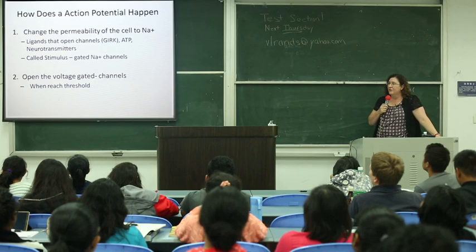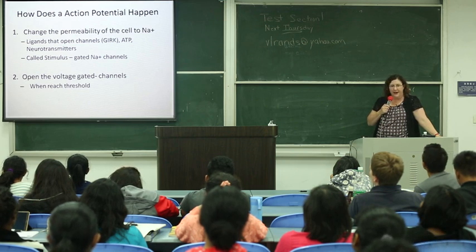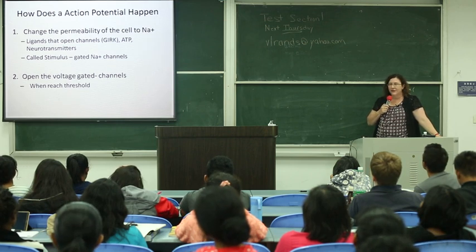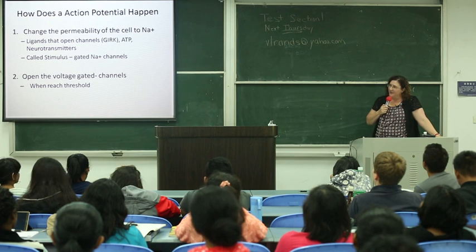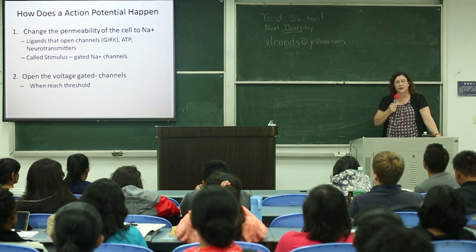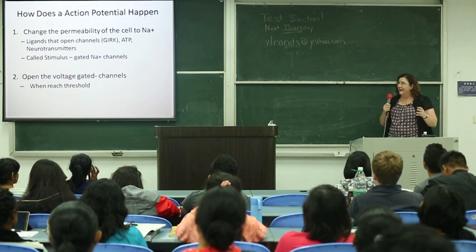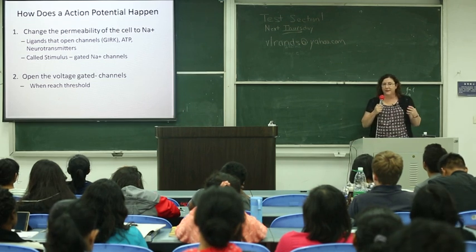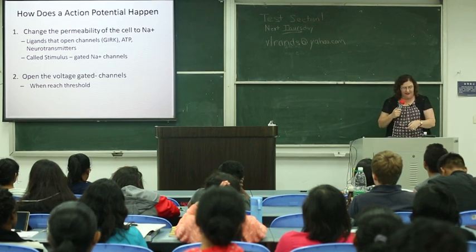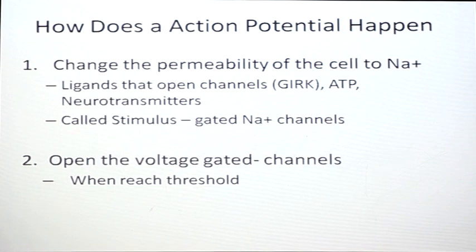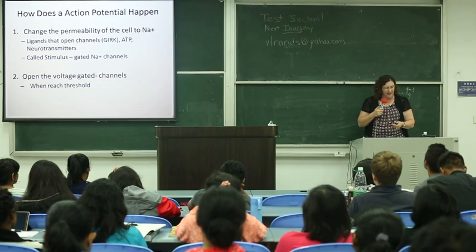A neurotransmitter can open a channel. So first you have to have the neurotransmitter open the channels, and the channels are small, and they just leak in a little bit of sodium into the cell. So these are ligand-gated sodium channels, and they are going to make a little bit of a stimulus.